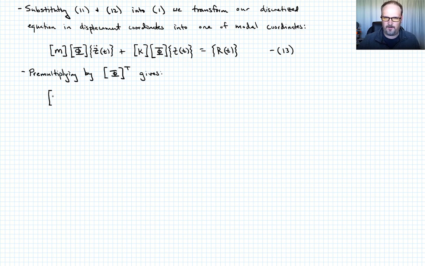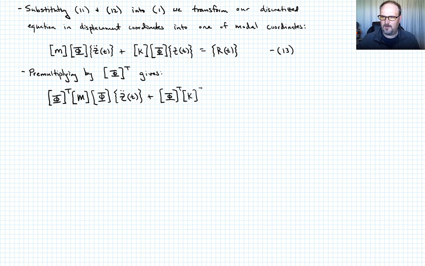And I end up with phi transpose times m times phi times z double dot plus phi transpose times k times phi times z is equal to then phi transpose times r. Okay, let's call this equation 14.